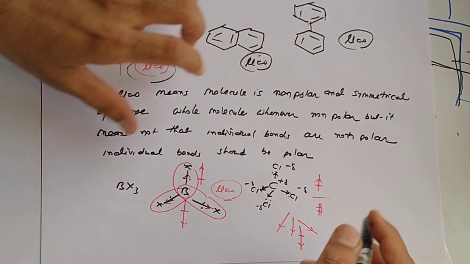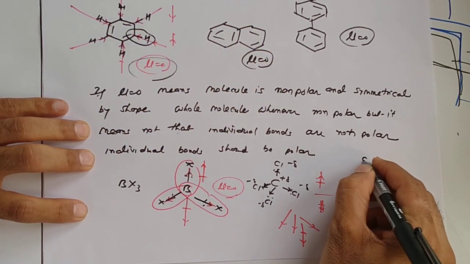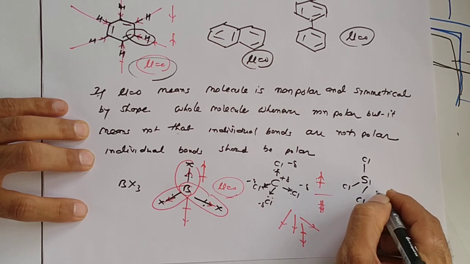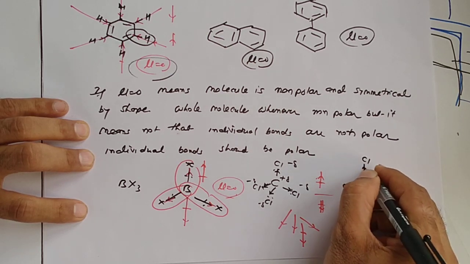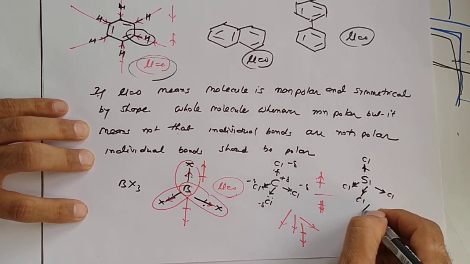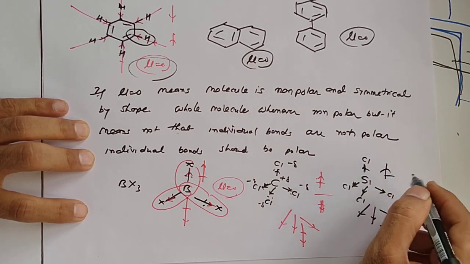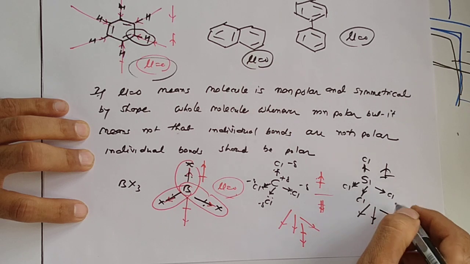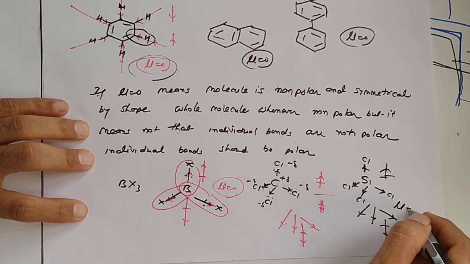In SiCl4, silicon tetrachloride, it is the same. Here the electronegativity of chlorine is higher, so these 3 are downward, and the average of it is also downward. Here is upward, both will cancel each other, so the dipole moment here is also 0, so non-polar by nature.